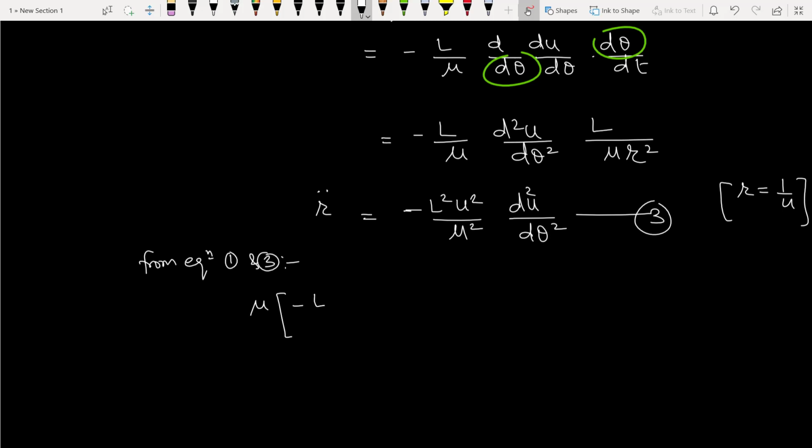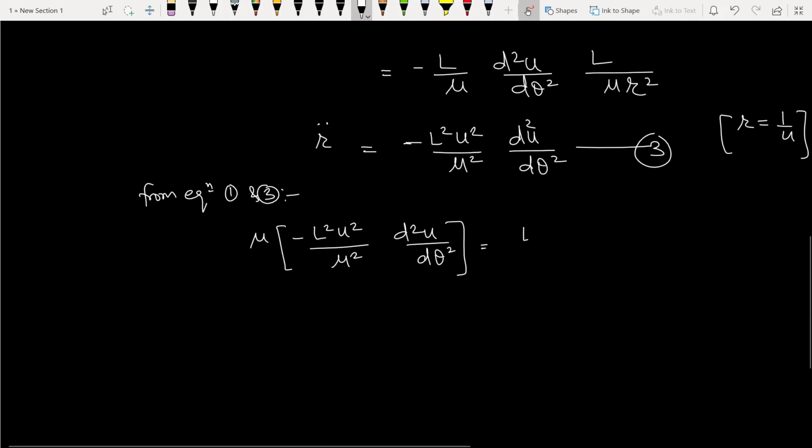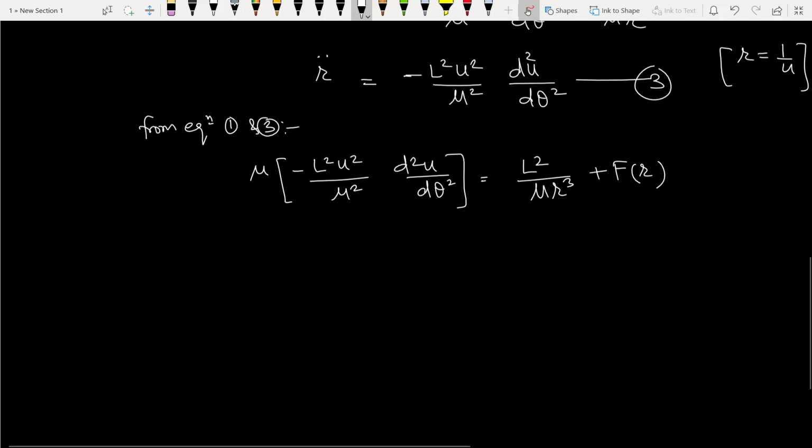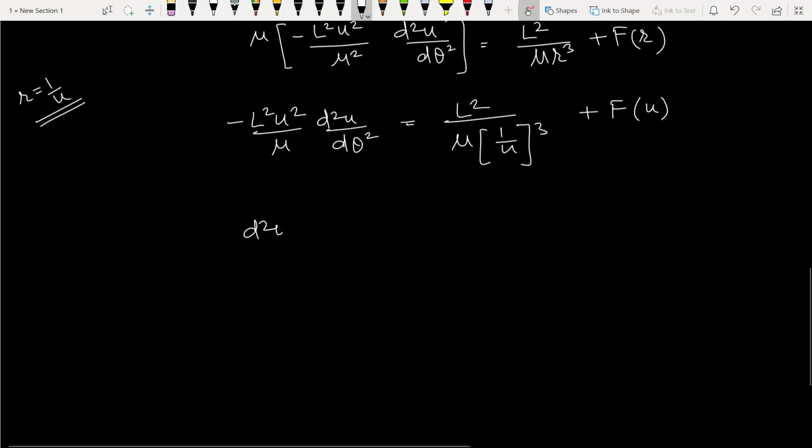Mu into r double dot equals L square upon mu r cube plus F. If we put r is equal to 1 by u, the variable will change to u, and now F will become a function of the new variable u. We take this term on the other side.